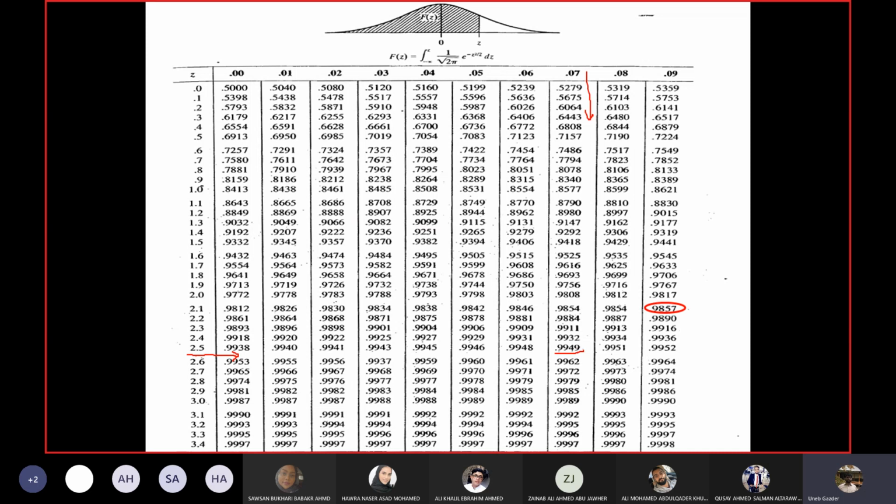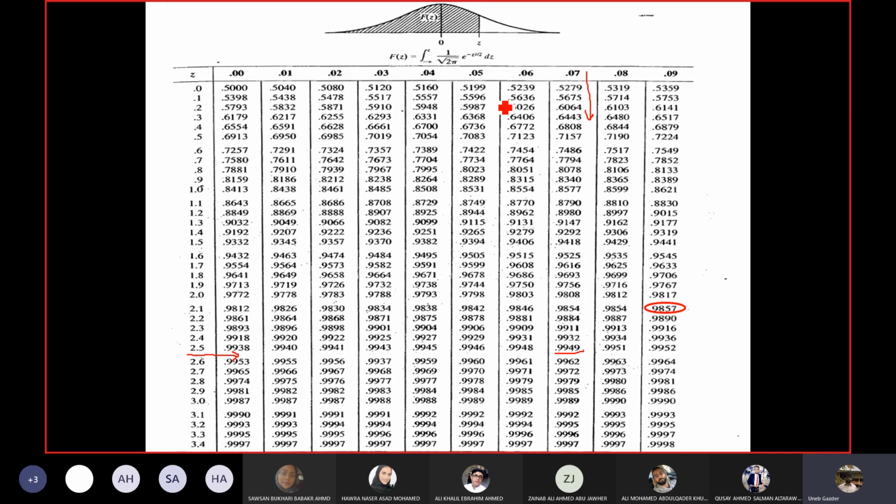So find that table from somewhere. If you are doing it just for your calculation's sake, then you have it online, in statistics books and so on. It's not something secret, but it's not given in the traffic book. So I just want to explain how you can calculate the probability of a negative z number.